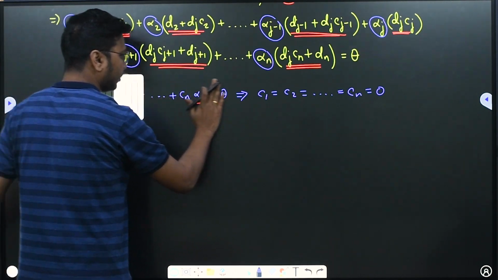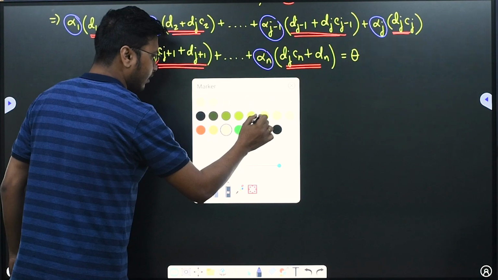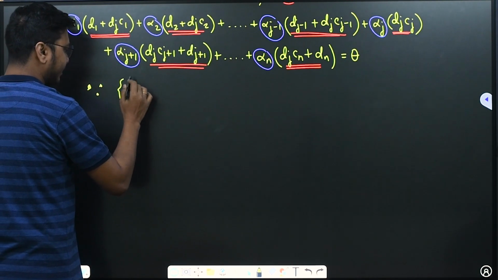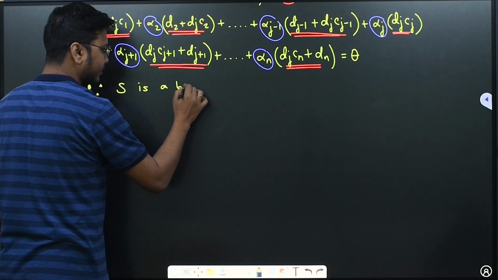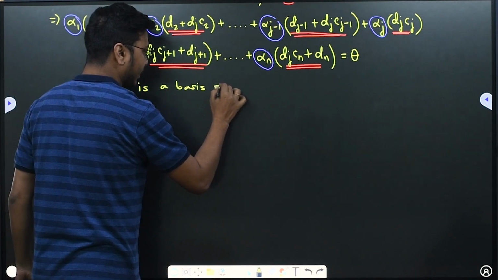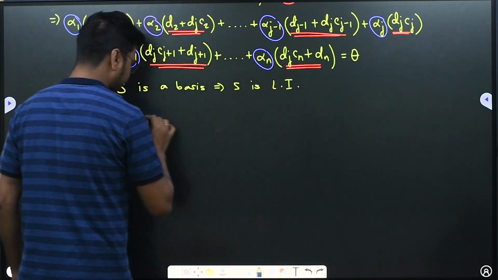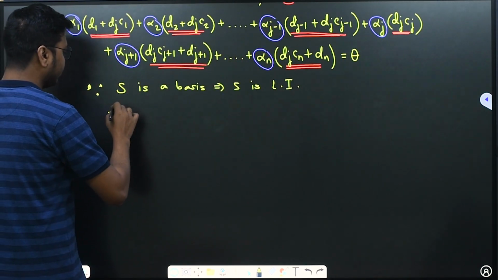Now I am using that condition, that since the set S is a basis, this implies S is linearly independent, and that would finally imply that all these coefficients must be equal to 0.